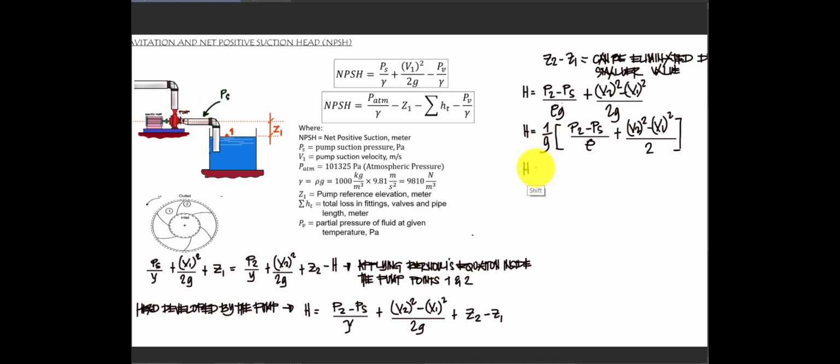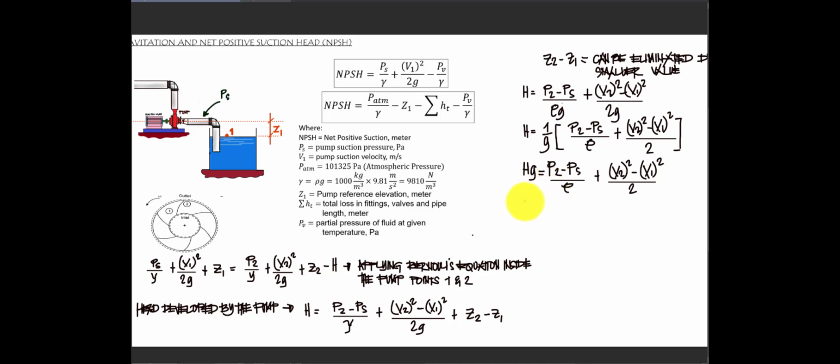We can transpose our G here, so we have head times the gravity, equal to the pressure 2 minus the pressure at suction divided by the density, plus the velocity at point 2 squared minus the velocity 1 squared, divided by 2.